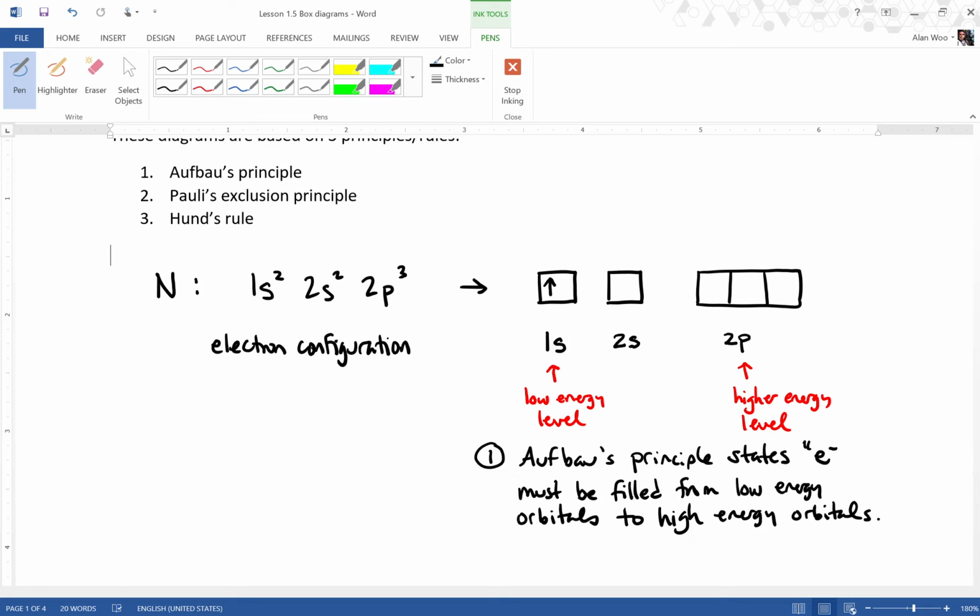But Pauli's exclusion principle comes into play because when we put a second electron into that orbital, like this, we have to put it in the opposite direction.